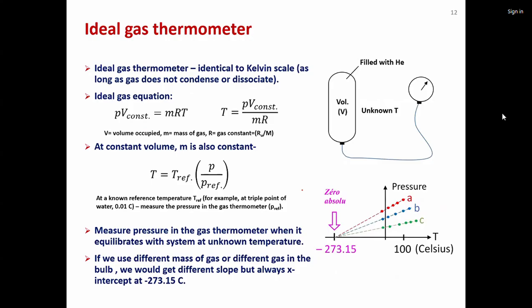So now we talk about the ideal gas thermometer. These ideal gas thermometers typically have a small tank, which is filled with helium, let's say. And this tank is connected to a pressure indicator.